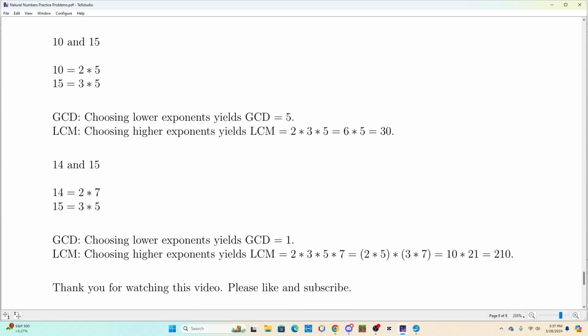Finally, for 10 and 15, the GCD is 5, and the LCM is 2 times 3 times 5, which is equal to 30. And for 14 and 15, these are relatively prime, so the GCD is equal to 1, and the LCM is the product of all the primes in both factorizations. The LCM is 14 times 15, which is equal to 210.